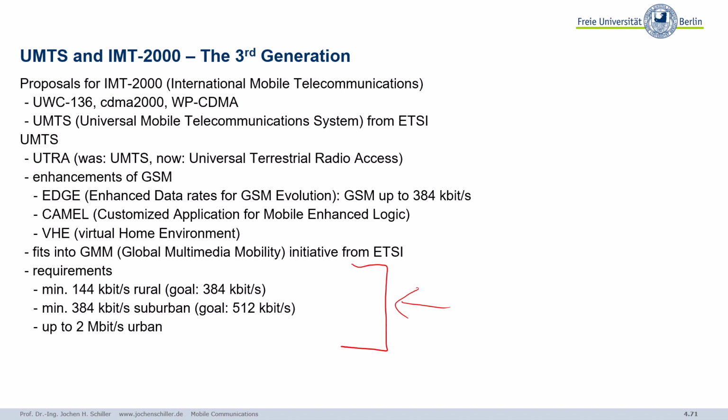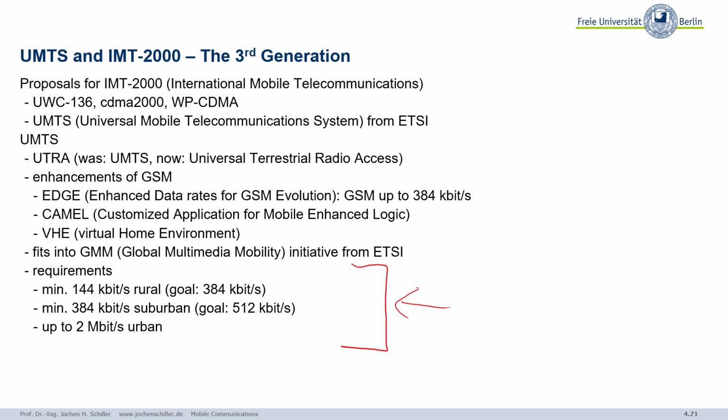So, before we had the 3G systems, the ITU said, okay, these are the goals, and now please different standardization bodies, companies, whoever wants to propose something, propose systems for that.